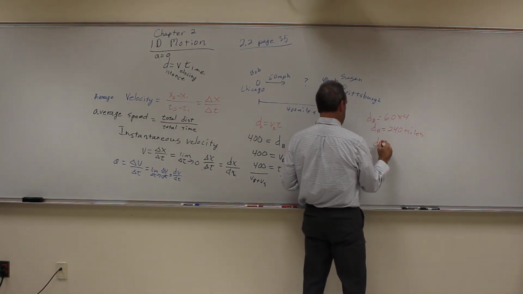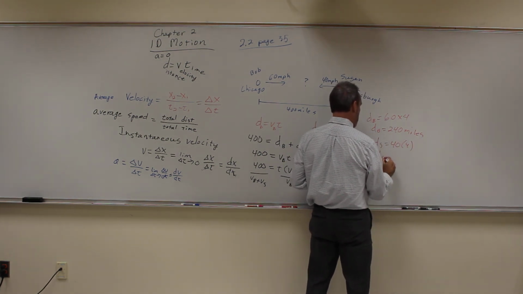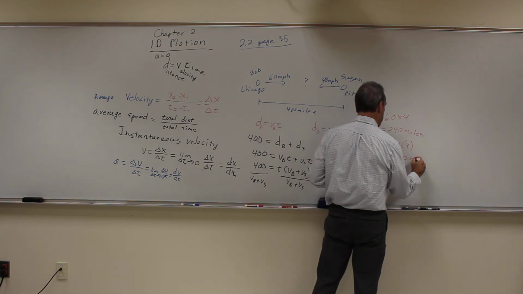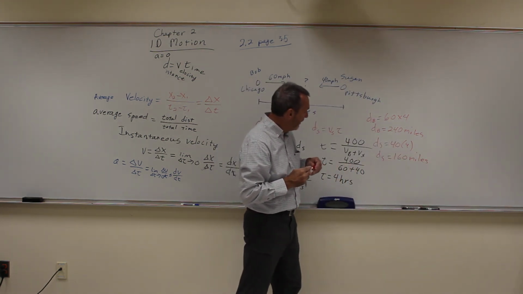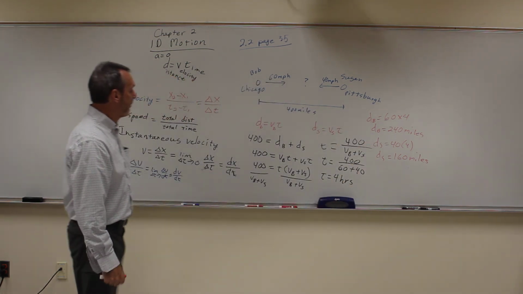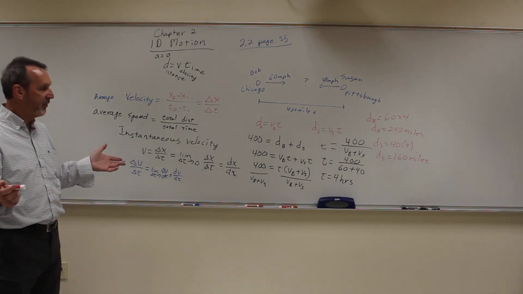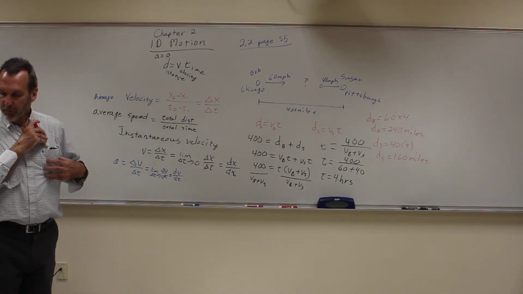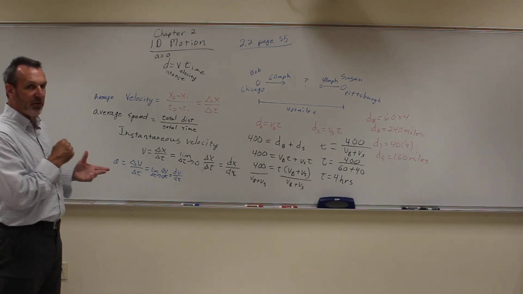And Susan is 40 times 4, or 160 miles. If I did it right, those two better add up to 400 miles. Does that make sense? Hopefully it does. Okay? So, these are how you do constant velocity problems.